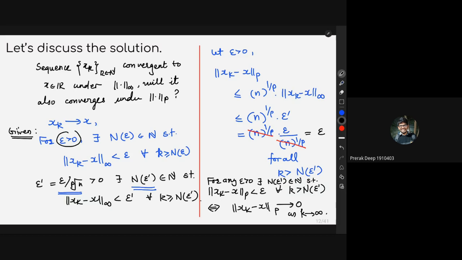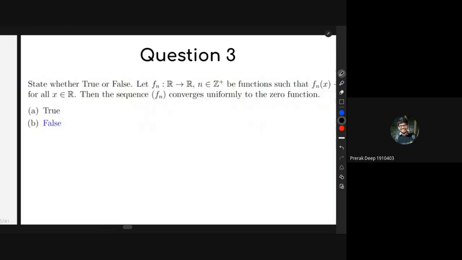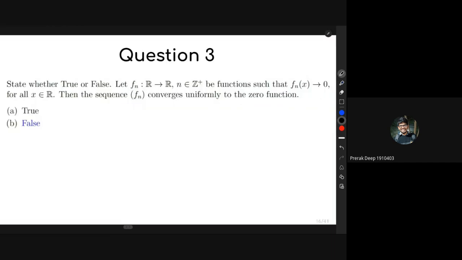Okay, if there are no questions, we can move ahead and discuss the next question. Now this question involves a sequence of functions. Again it is a true and false type question. We are given a sequence of functions that converges to the zero function for all x.